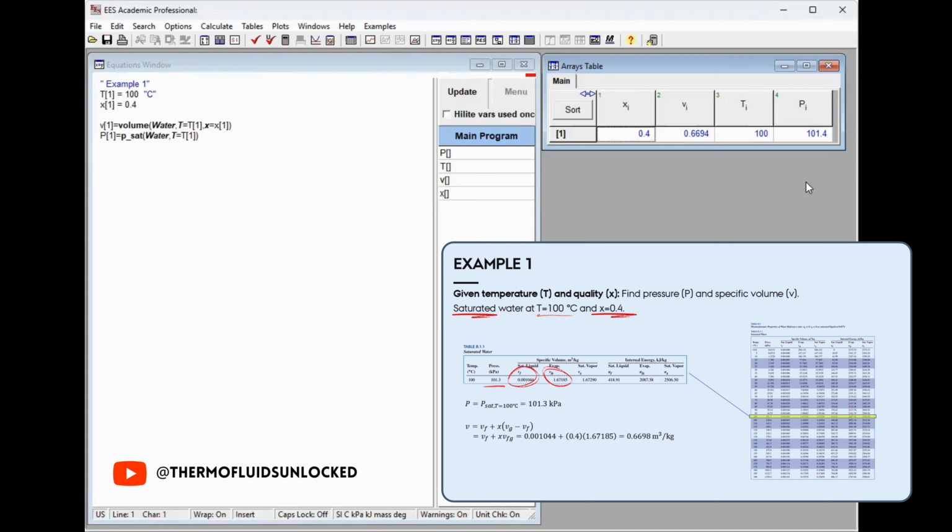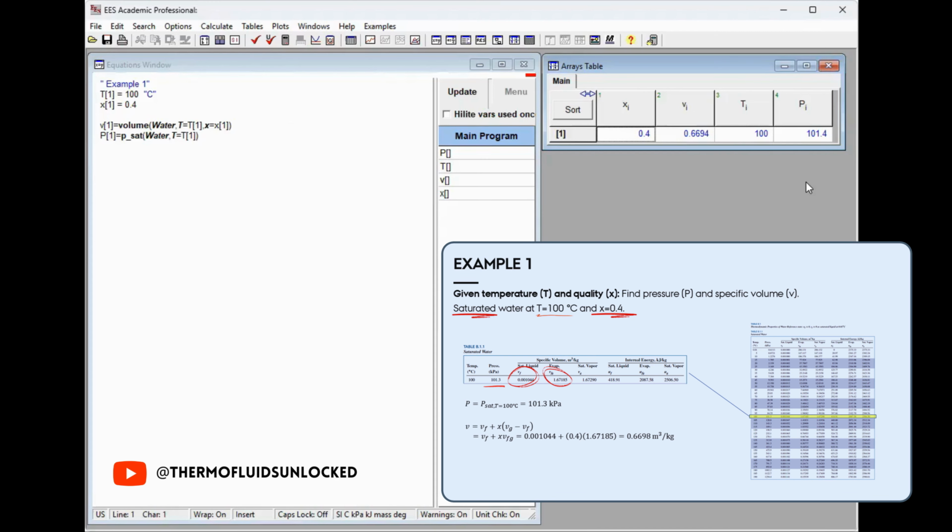And the answer is 0.6698 meter cube per kilogram. Again, you can see that there's a very, very minor difference between the values, but it's acceptable. So it's totally acceptable, and we could use both of the methods to find the properties if needed.